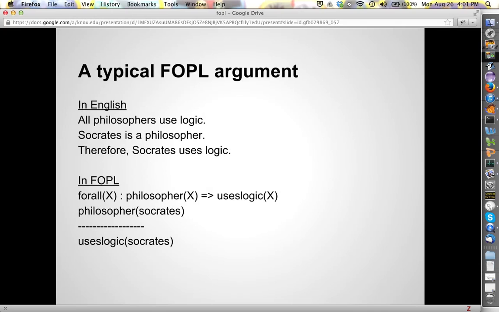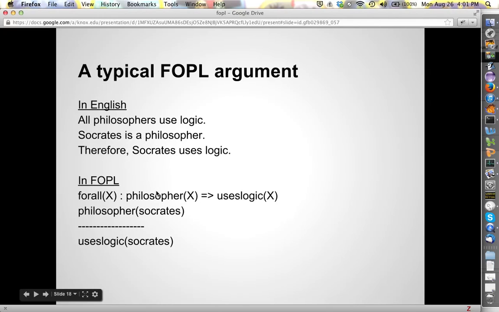A typical first order logic argument will look something like this. In English, we would have: all philosophers use logic. Socrates is a philosopher, therefore Socrates uses logic. You would translate this into first order predicate logic something like this. For all x, philosopher of x implies uses logic of x.